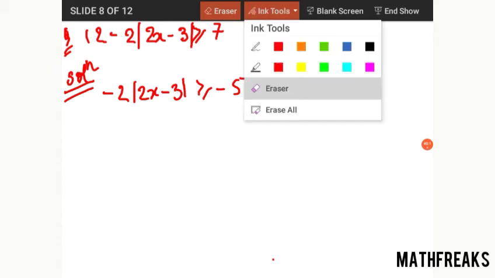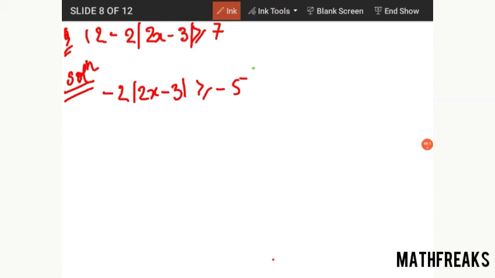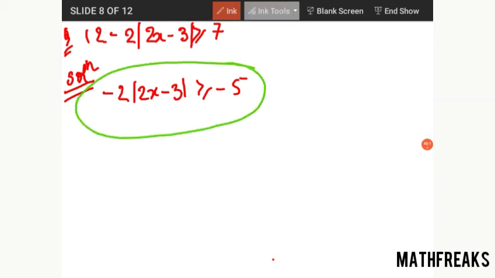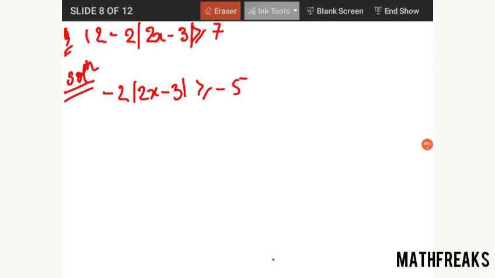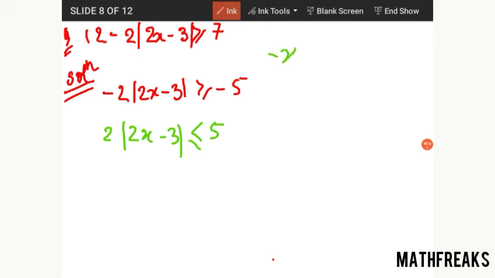So similarly, I have explained all this so that I can write this as 2 multiplied by mod of 2x minus 3 is less than or equal to 5. Now why equal to? Because I have told you, if I say minus of x is equal to minus of y, we can write it as x is equal to y.